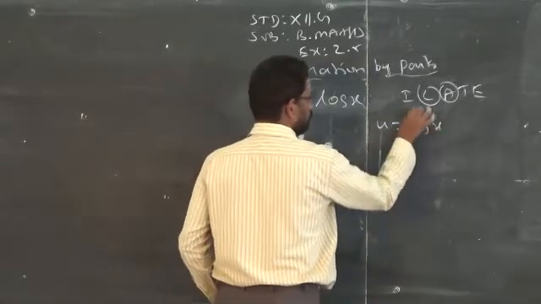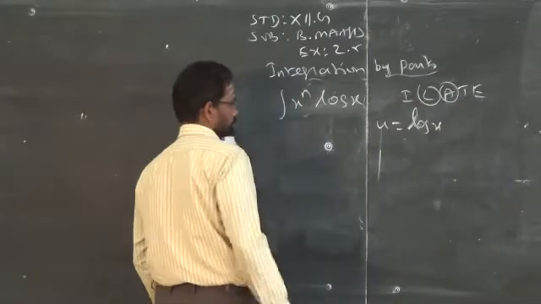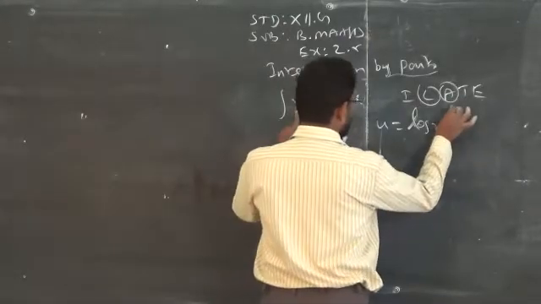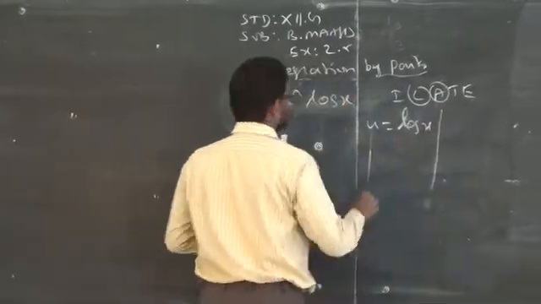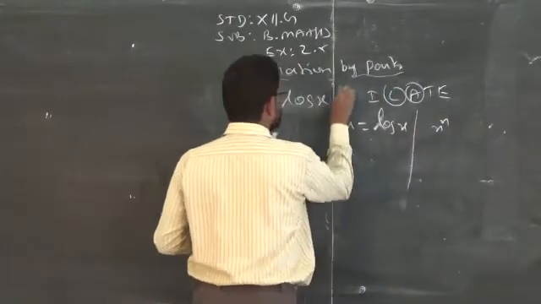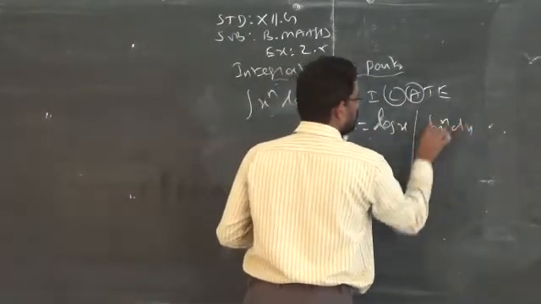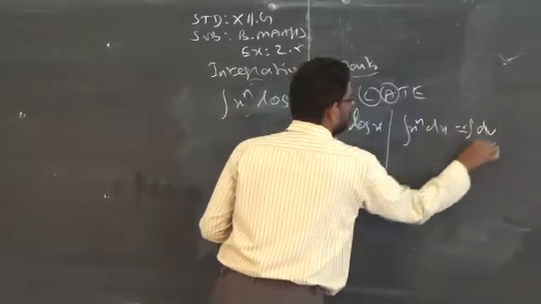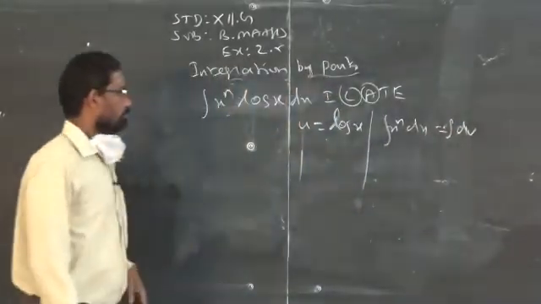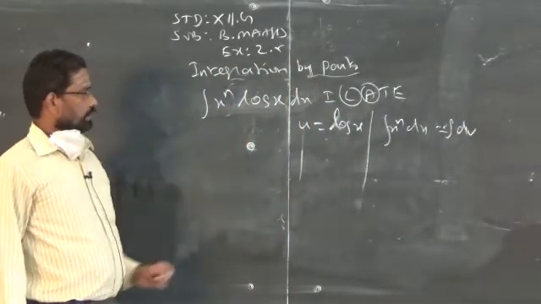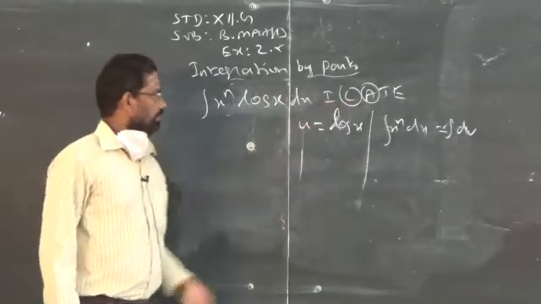That is the rule by using the ILATE concept. So what remains there? x power n into dx. So that is dv. It is a basic rule according to ILATE.